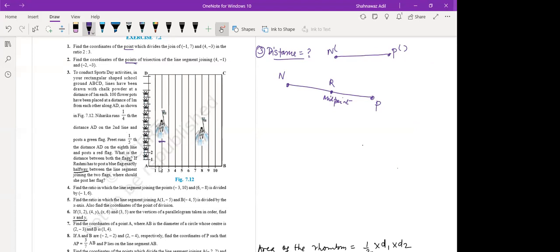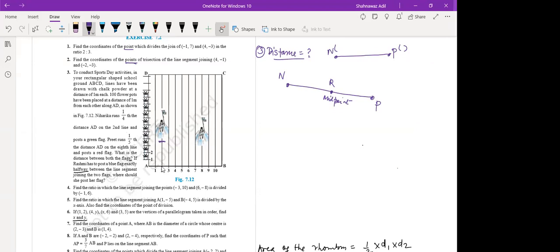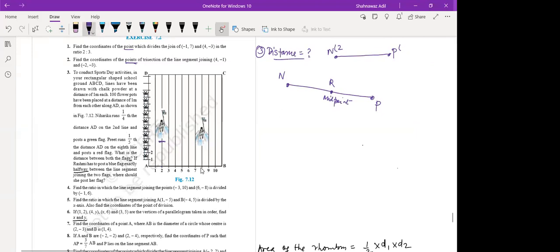Second line. It's 2, so x coordinate is 2. Absolutely right. And for Preet, what is the x coordinate? She is on the 8th line. x coordinate is 8. Good.